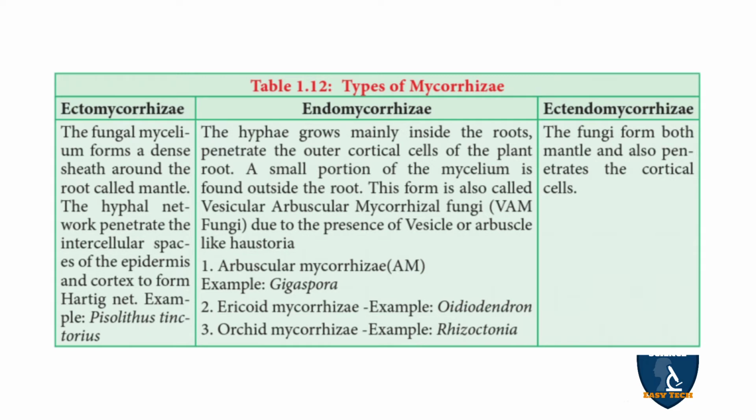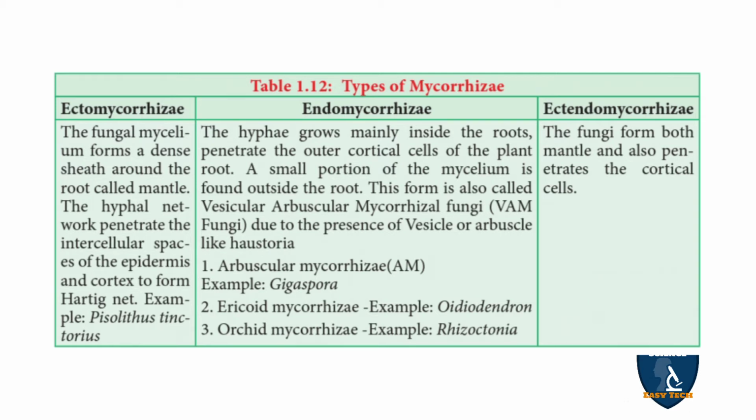It is divided into three types: arbuscular mycorrhiza, AM fungi, example Gigaspora; ericoid mycorrhiza, example Oidiodendron; orchid mycorrhiza, example Rhizoctonia.